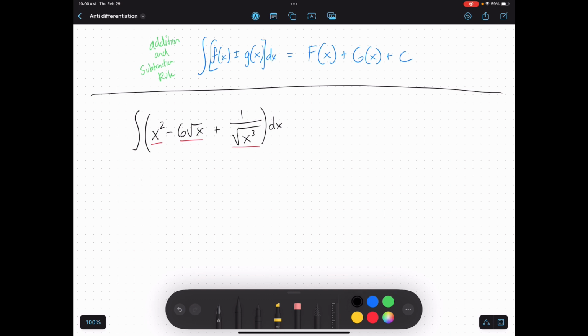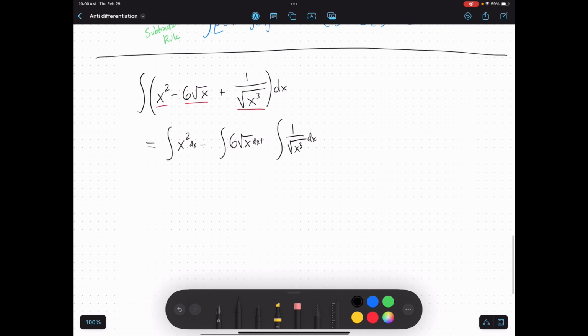Which means that if I wanted to, I could rewrite this like this, as three different antiderivatives. Sorry, I'm forgetting to put a dx after all of these. And now I can just focus on each of these individually.